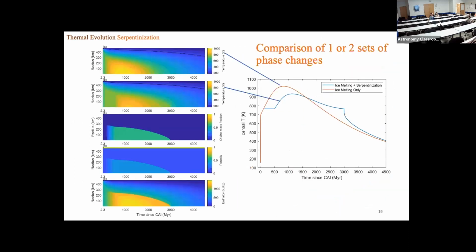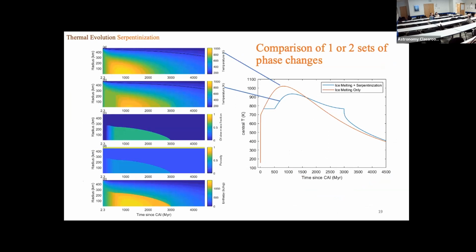If we ignore all the mass transport and focus only on energy transport, we have two situations: considering ice melting and serpentinization, or ice melting only. In this figure, ice melting and serpentinization act as a buffer to slow down heating or store more energy, keeping the peak temperature in the later stage higher.